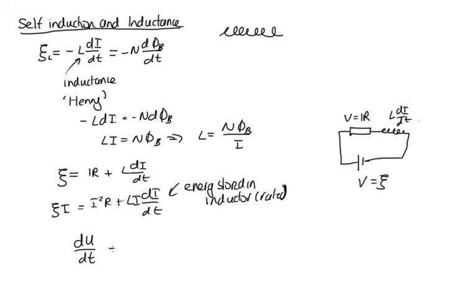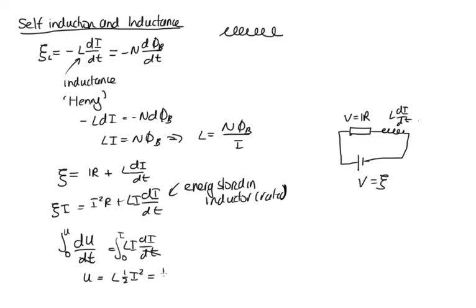And so dU/dt is equal to Li di/dt. So if we want to work out how much energy is stored there, we'll get rid of the dt's, and now we need to integrate, and we'll go from zero energy at zero current up to a total energy U at a current I. So we've got U is equal to, now integrating this with respect to I, we'll have L as a constant, and then we'll end up with a half I squared.